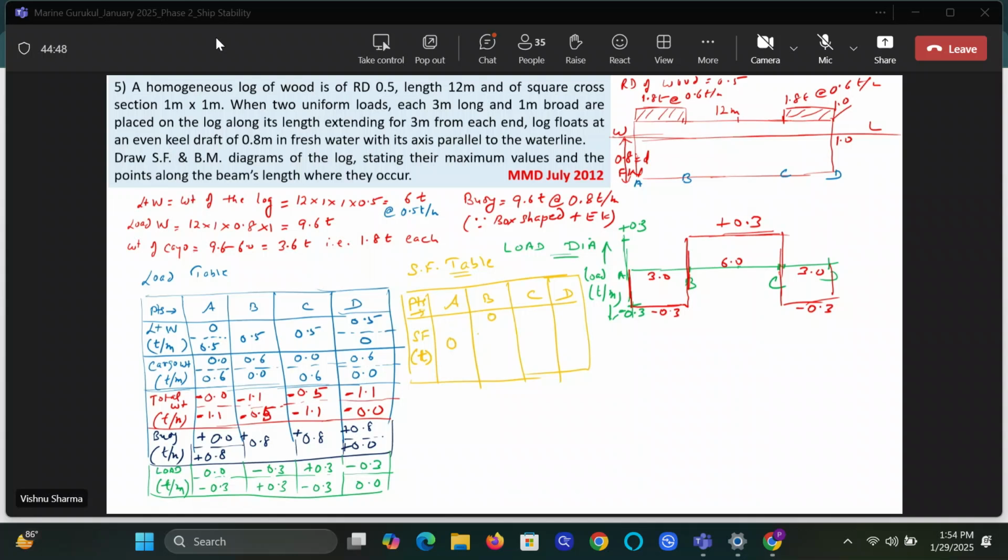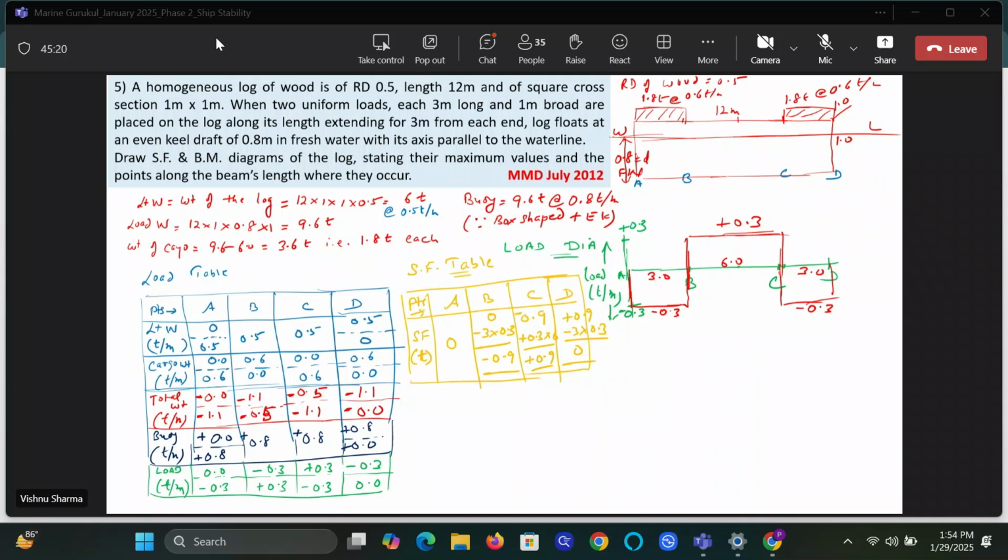If you want anything clarified, you can ask me. Are these the SF values? 0, minus 0.9, plus 0.9, 0. Correct, class? Correct, sir.